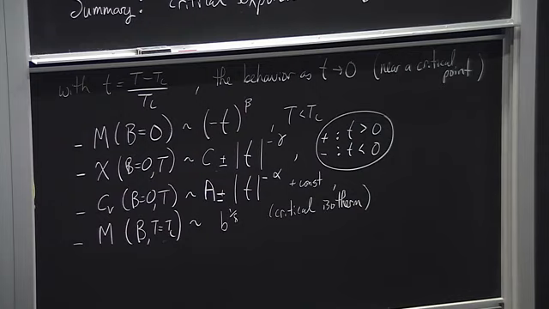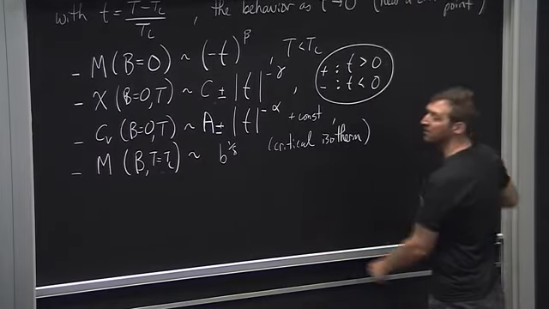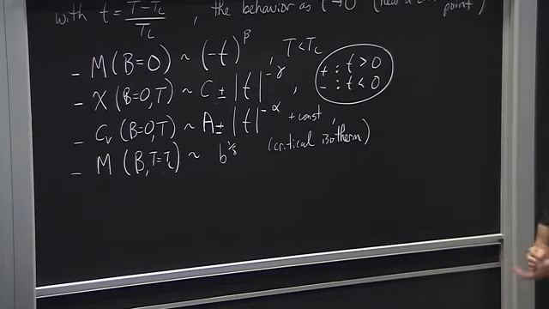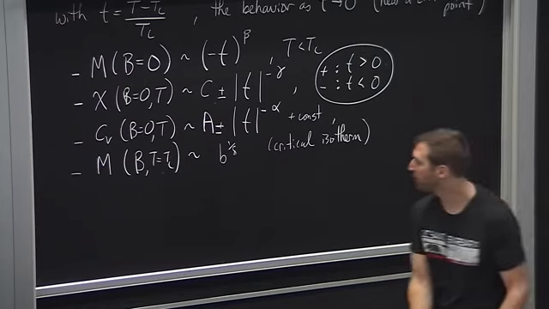And the other two important critical exponents that we haven't calculated yet, the two important ones for classical stat mech, we're going to start setting the stage for the formalism to calculate these now.